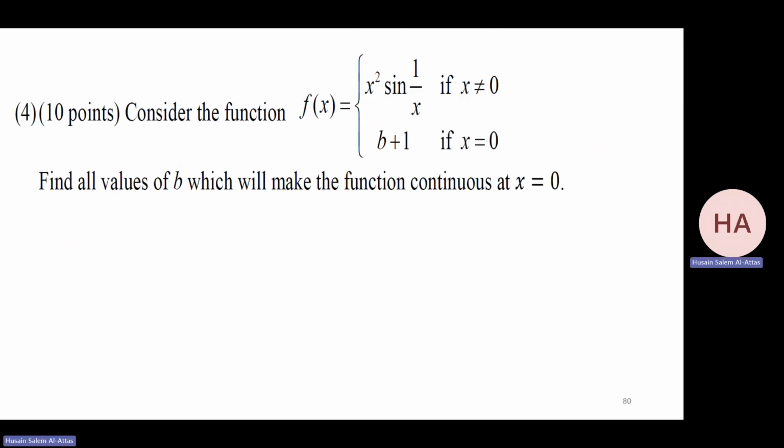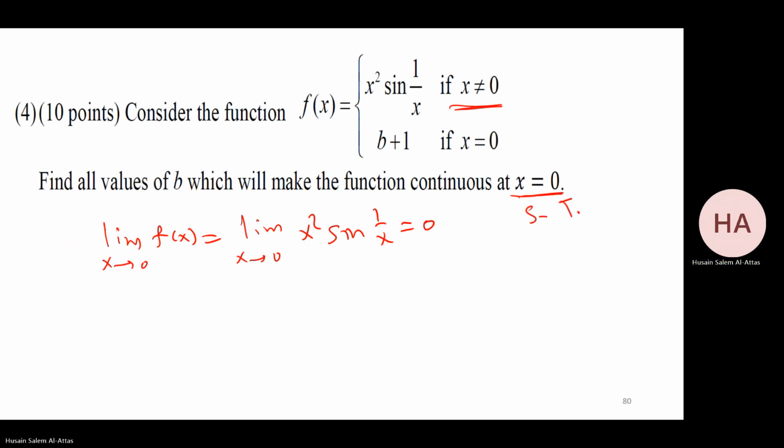Find the values that make the function continuous at x equals 0. I want the limit as x goes to 0 of this function. Since right equals left, I'll do it at one time. We know how to do this. Sandwich: between minus 1 and 1, multiply by x squared.